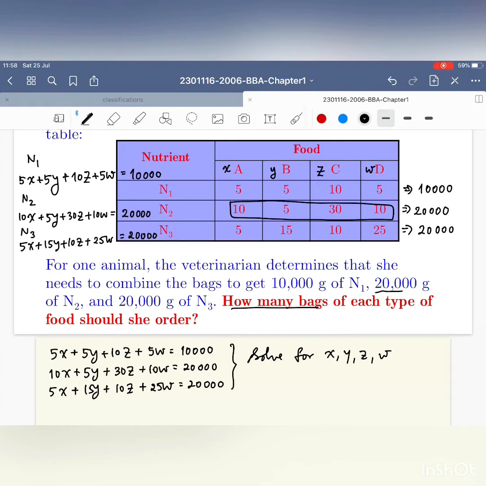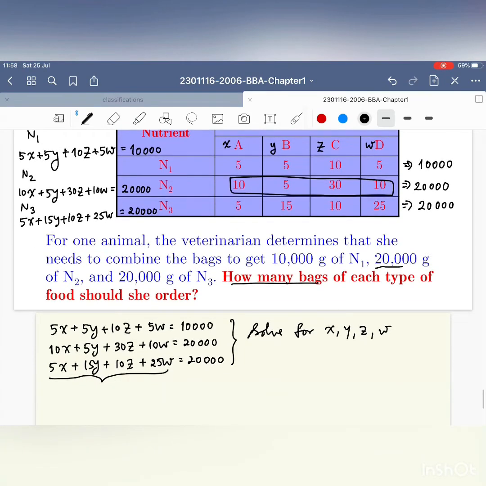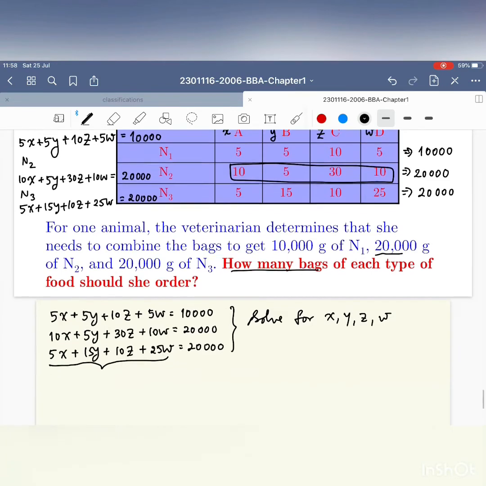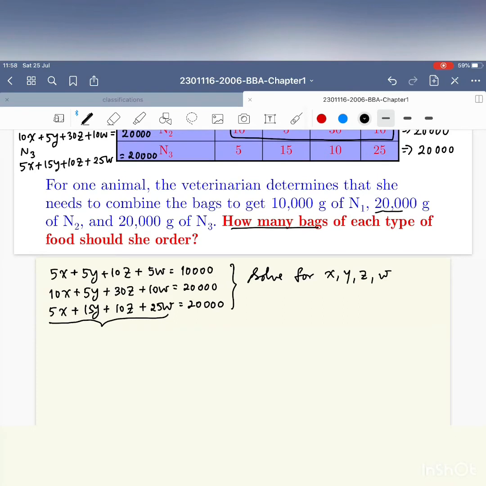Okay, one way is that you just use all these numbers to solve for what you need. However, sometimes you can simplify it first, so that there are fewer numbers to calculate. For example, the first one becomes x, y, 2z, and w, and you divide it by 5, so you get 2,000.